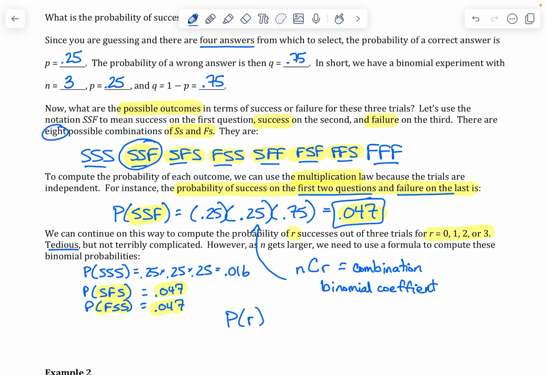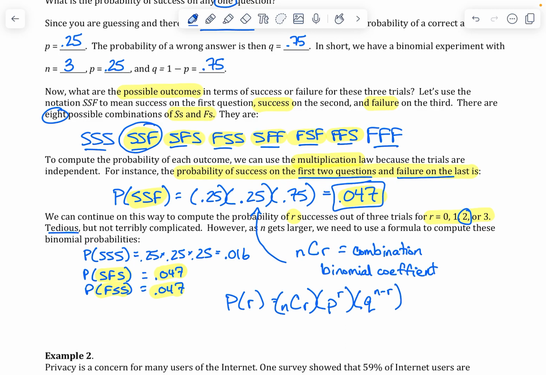In this case, let's say we have 2 successes. We would have n choose r, so that's the number, times the probability of success and how many times that success occurs. And then you'd have the failure and how many times it occurs.